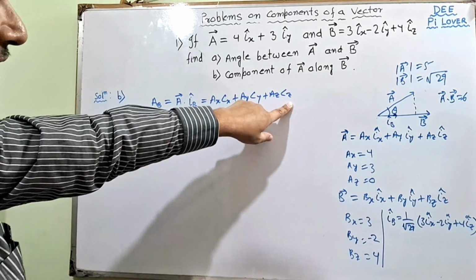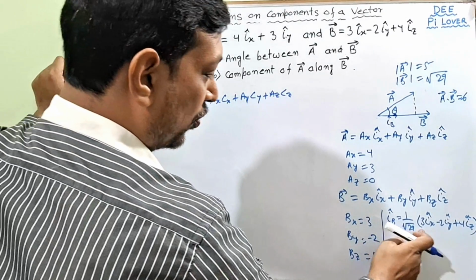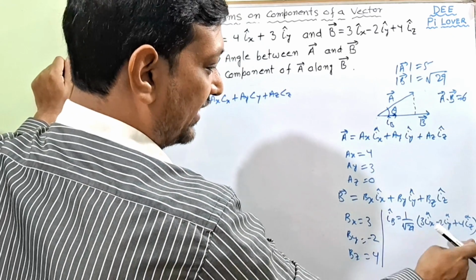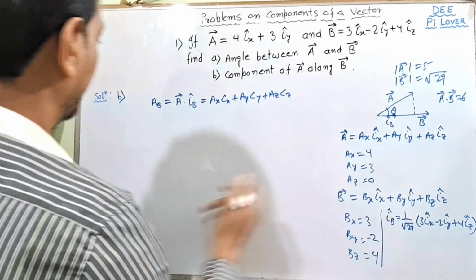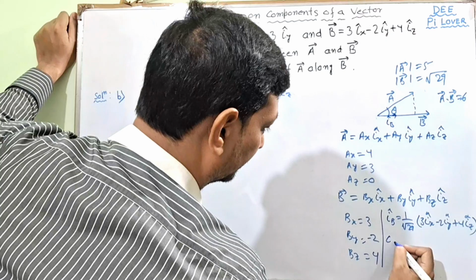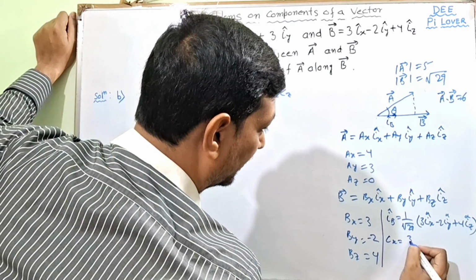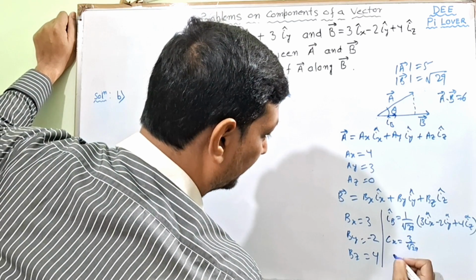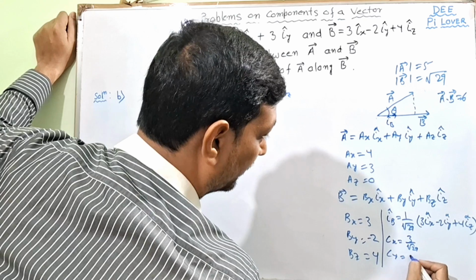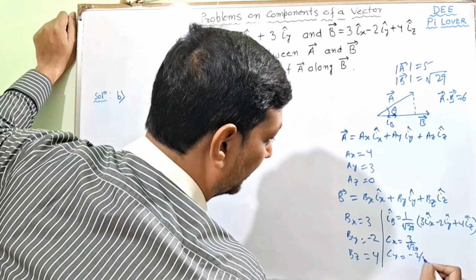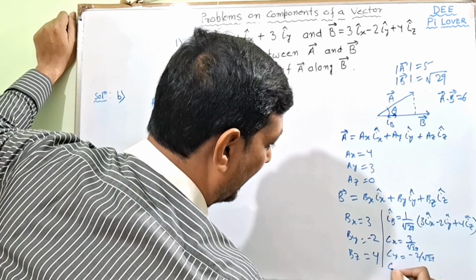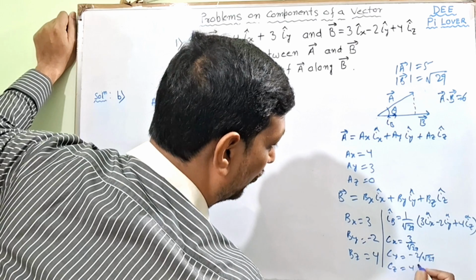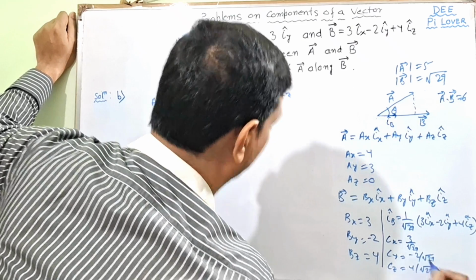Here CX, CY and CZ are the coefficients of IX, IY and IZ of this unit vector. CX equal to 3 by root 29, CY equal to minus 2 by root 29 and CZ equal to 4 by root 29.